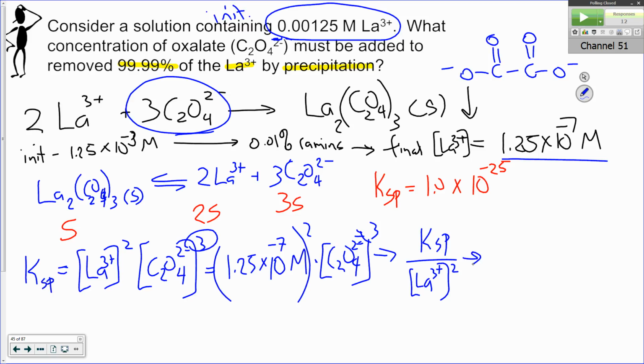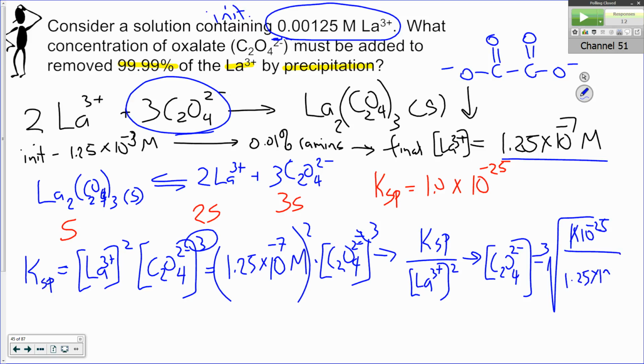And now that says that the oxalate ion is equal to the cube root of Ksp, which was 1 times 10 to the minus 25th, divided by our 1.25 times 10 to the minus 7th, squared.